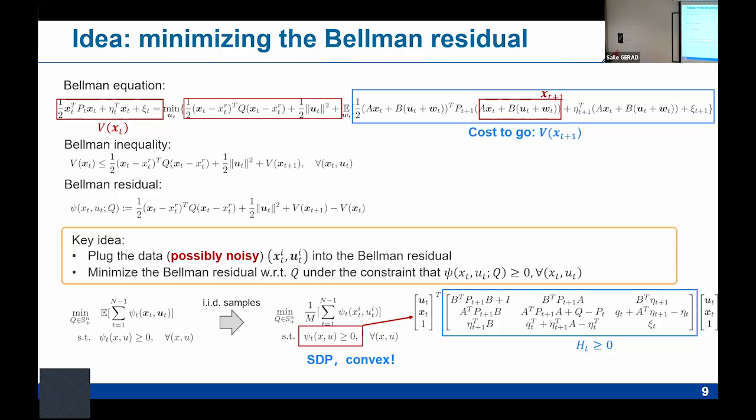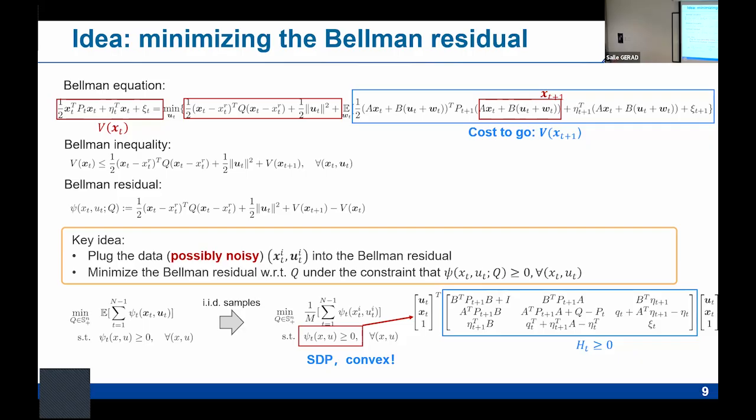The key idea is that we plug the possibly noisy data x and u into the Bellman residual, and then minimize the Bellman residual with respect to Q under the constraint that the residual is always non-negative. This is what we formulate.